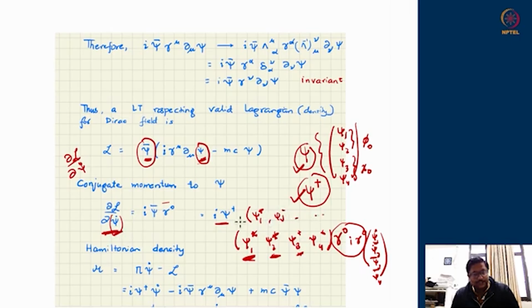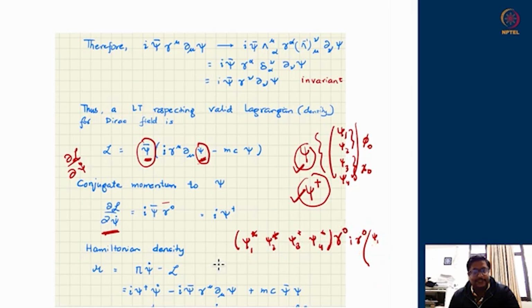Put 1 here, you will pick the first one; put 2 here, you will pick the second one. So all the stars appearing here can collectively be written as psi dagger. Therefore the momenta corresponding to psi is obtained as iota times psi dagger.